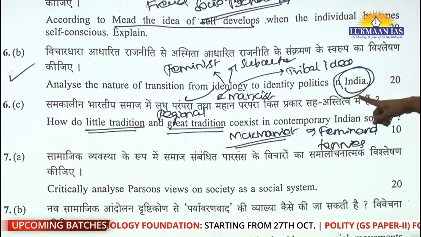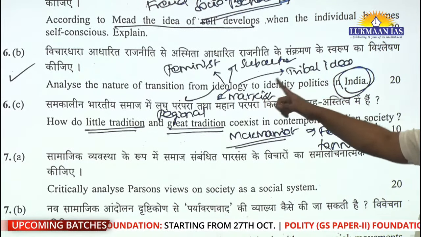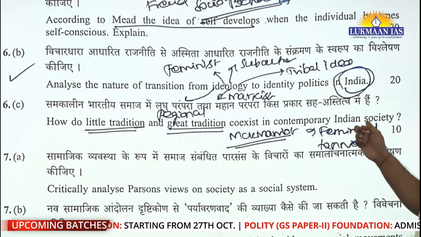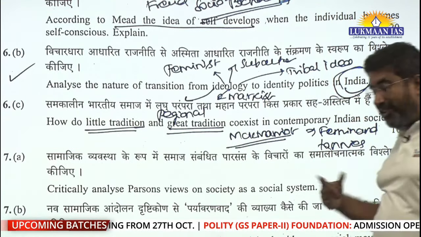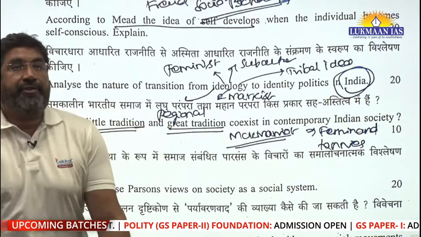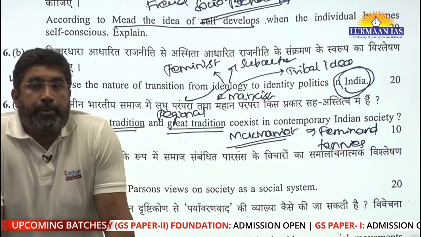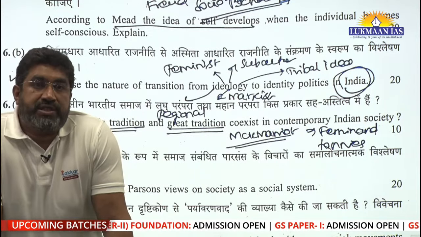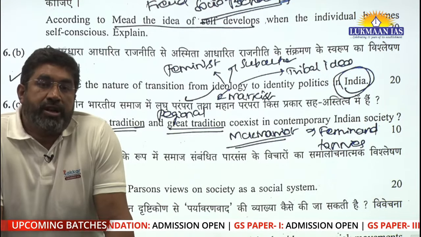Second, analyze the nature of transition from ideology to identity politics in India. Ideology to identity politics, you have to show that in different aspects also. Probably even in the farmers movement there was an ideology, even in the women's movement there was an ideology.